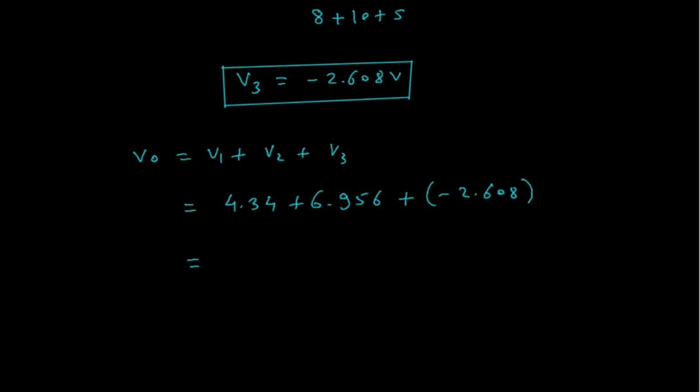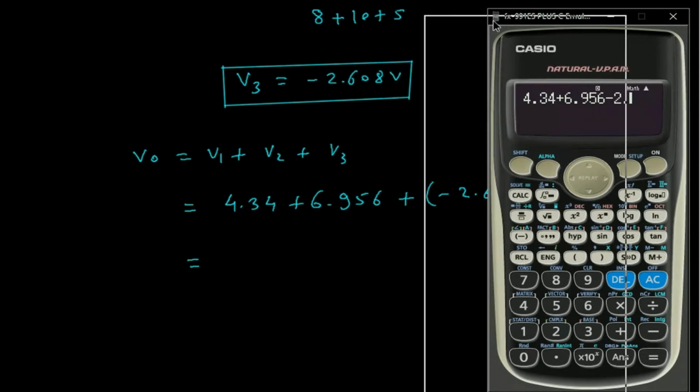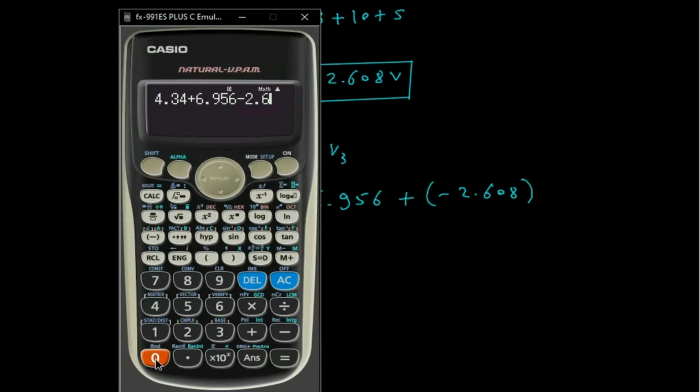So this is equal to 4.34 plus 6.956, then this will be minus 2.608.